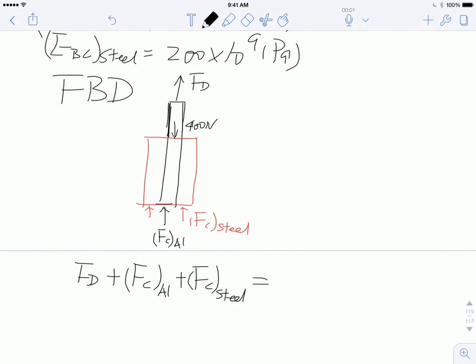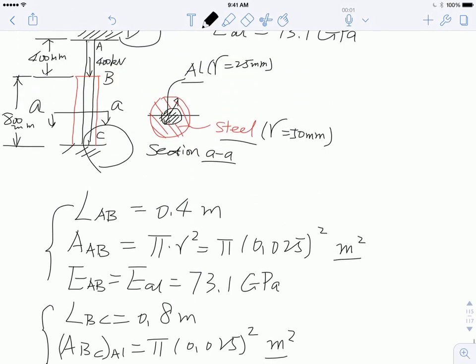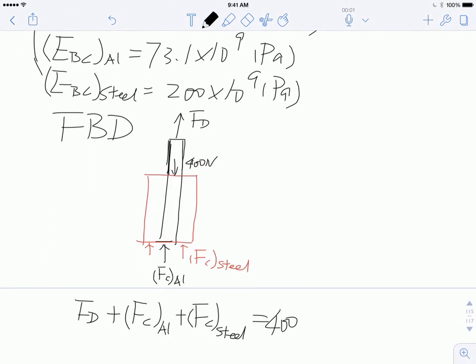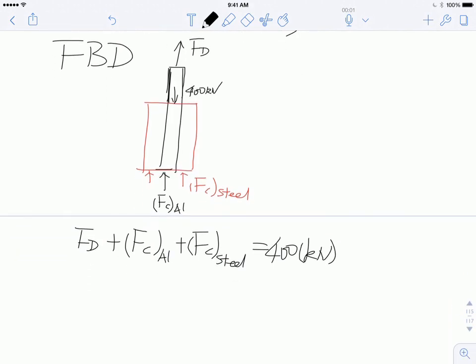The force going downwards, which is 400 newtons. Oh, so 400 kilonewtons. I forgot to write K over here. There you go. Okay, 400 kilonewtons. Okay, all right, so this is what it looks like.